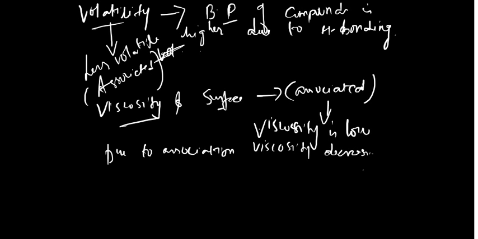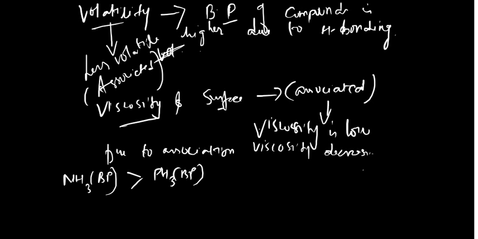And for the same reason, due to the presence of hydrogen bonding, the boiling point of ammonia is greater than that of phosphine, right, because ammonia has hydrogen bonding.